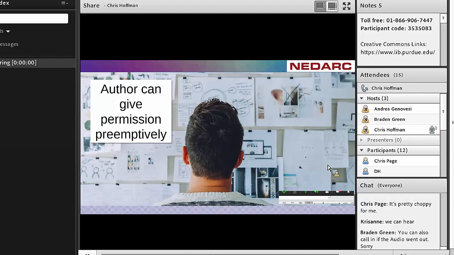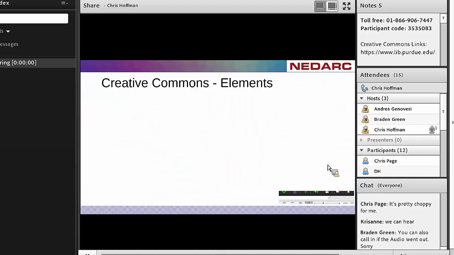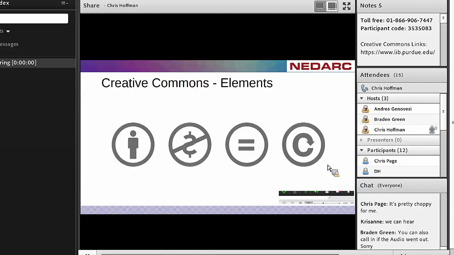There are some things where you can say I give you some permissions to use this. The way Creative Commons works is there are 4 elements, and these elements can be applied individually or in combination to preemptively give some permissions to use a work.